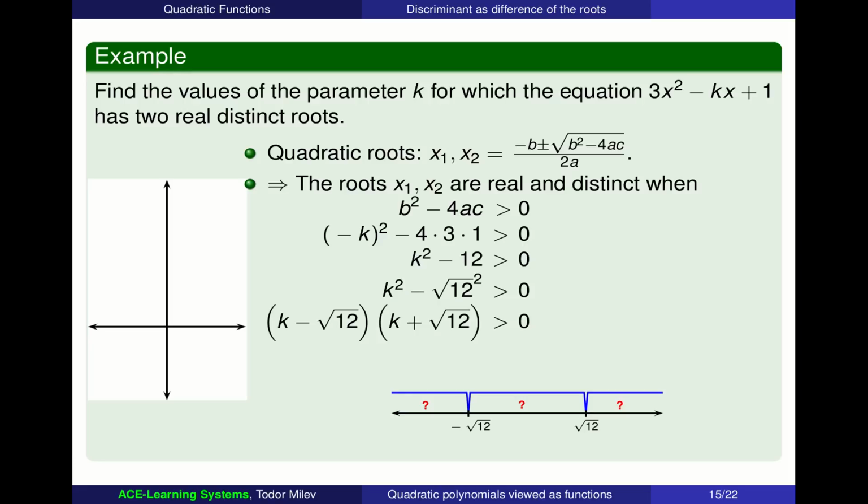Okay. Now, let's think for a while. What happens when the value of the parameter k sits inside this interval?